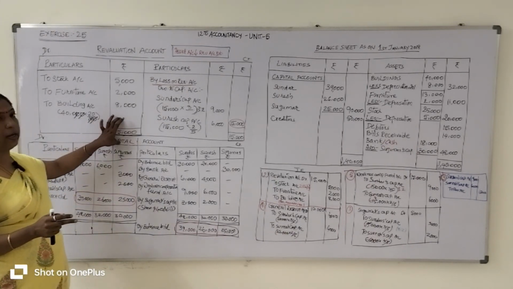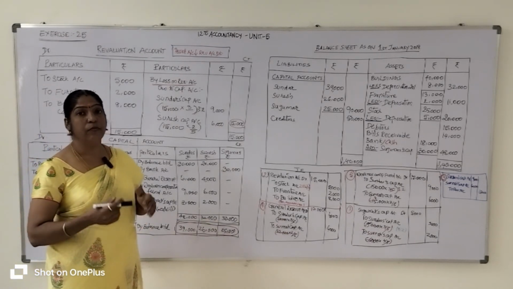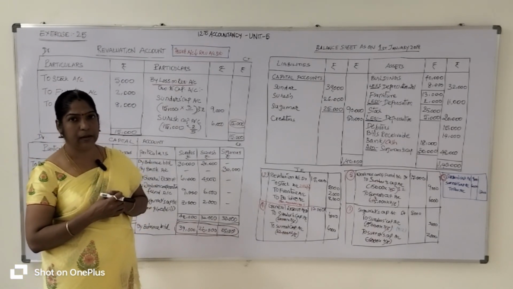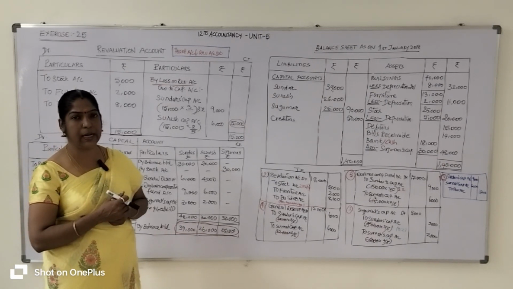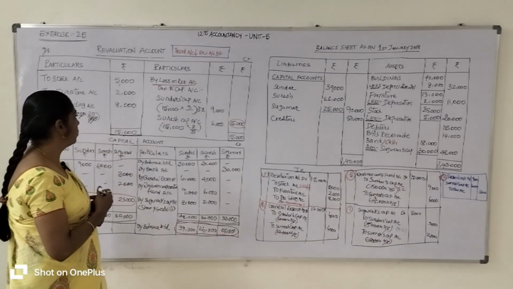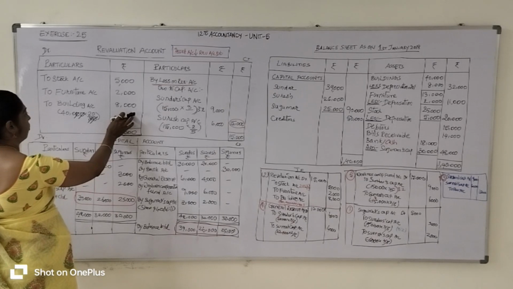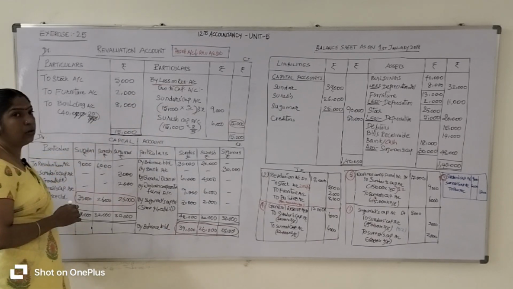Now we are going to find out the balancing figure. How can you find the balancing figure? The side with the higher value, we consider as the total. So first we need to calculate the total on the higher side. 5,000 plus 2,000 plus 8,000 gives 15,000 rupees.